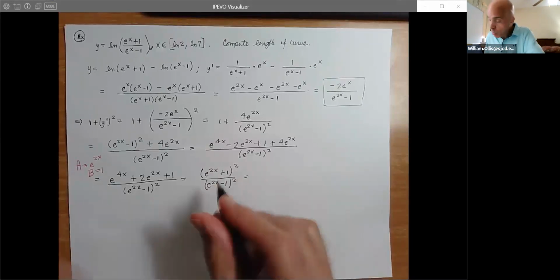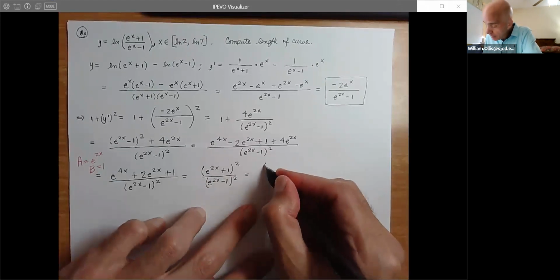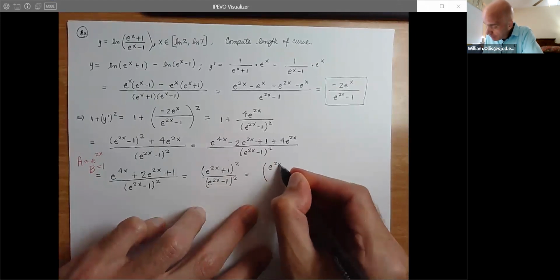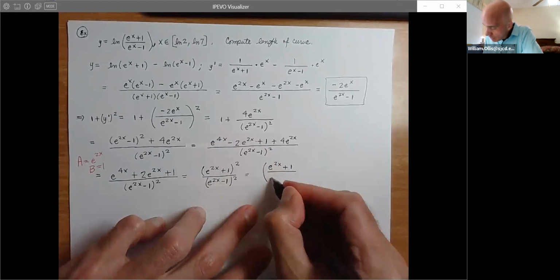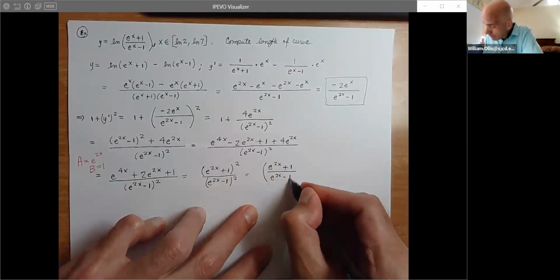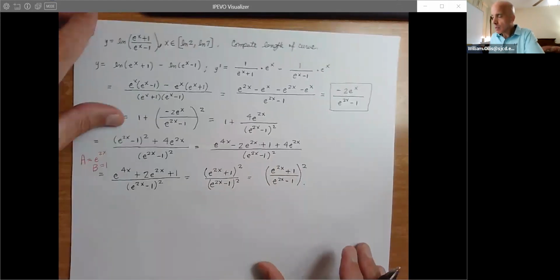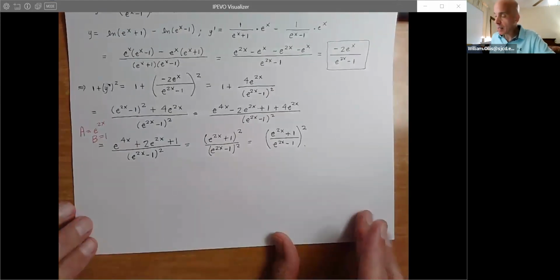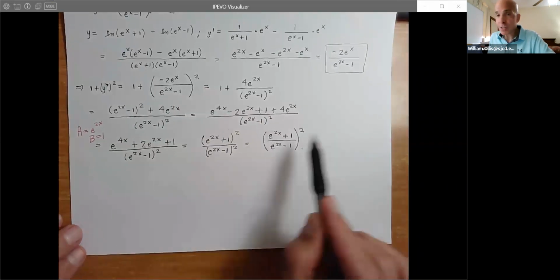Now, if you will, you can go ahead and write this under the same umbrella, using the fact that now we're using an identity. Laws of exponents. Okay. So what we've managed to do here is to create an integrand that's user-friendly.